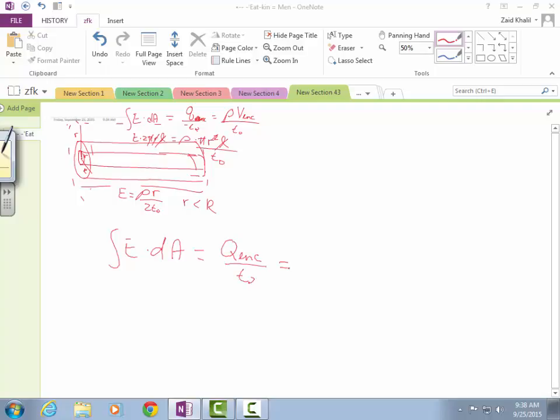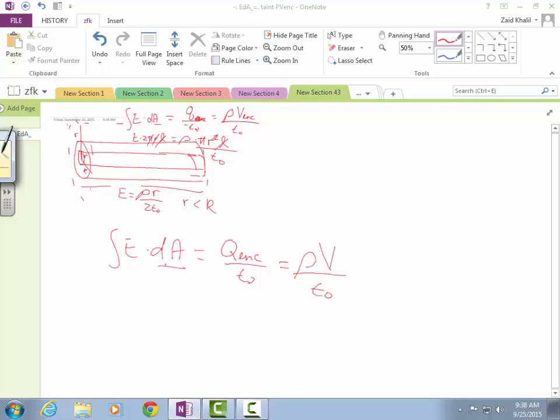Our Q enclosed is simply going to be rho times the volume of the cylinder. Which cylinder? The actual one, because there's no charge out here beyond big R, no charge outside that cylinder.